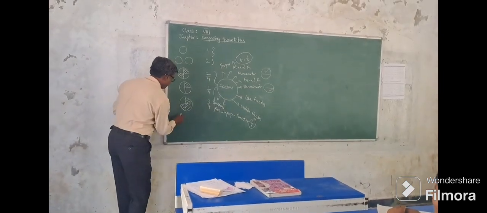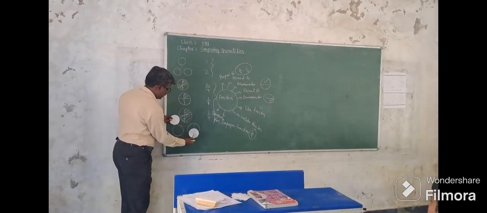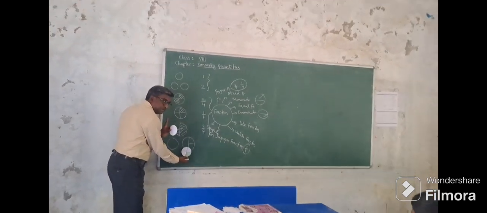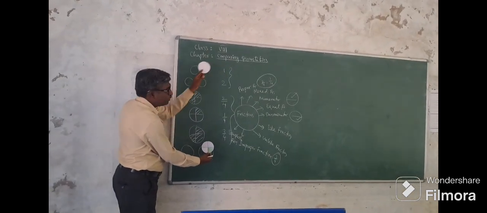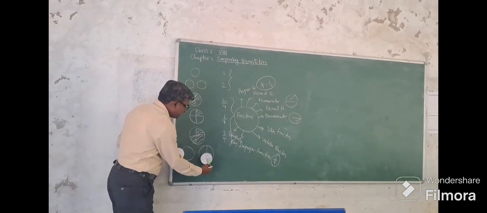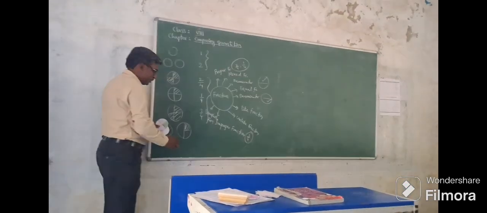Next, you see, now I am showing this one. This is one, as per number, and this is 1 by 4.